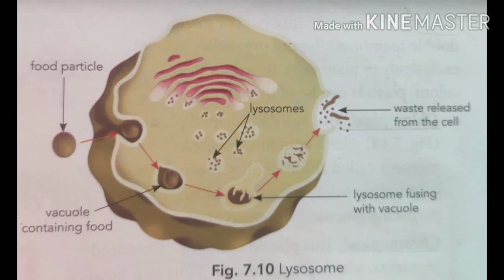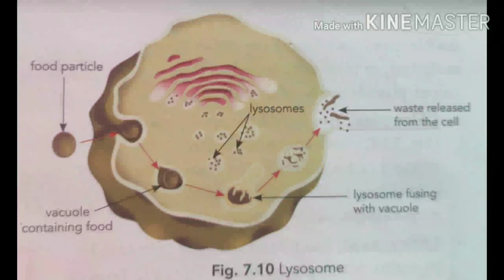Let us move on. The lysosomes. Lysosomes are spherical vessels that are pinched off from Golgi bodies. These vessels contain digestive enzymes to digest substances such as proteins and lipids, worn out cell organelles and foreign substances that enter the cell.